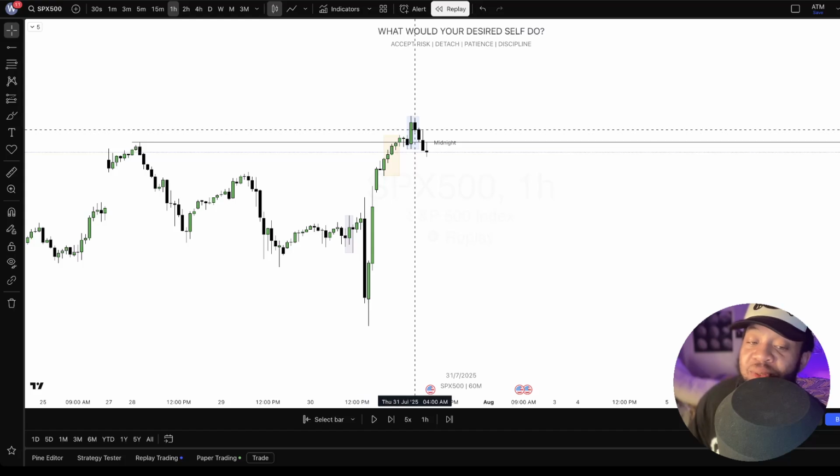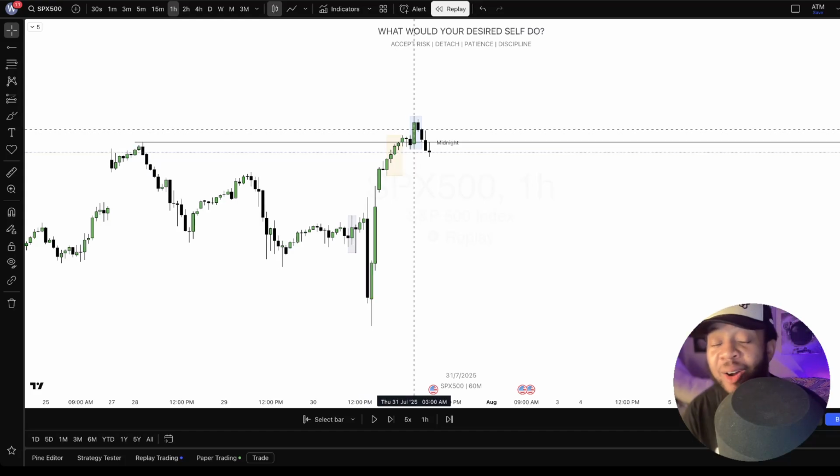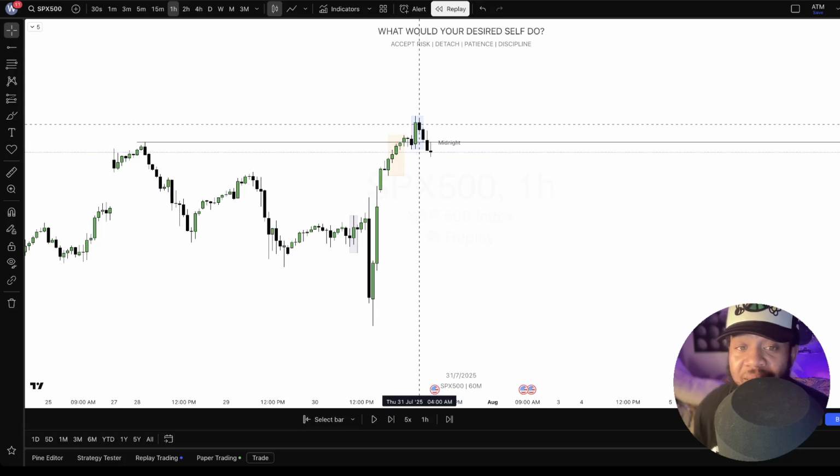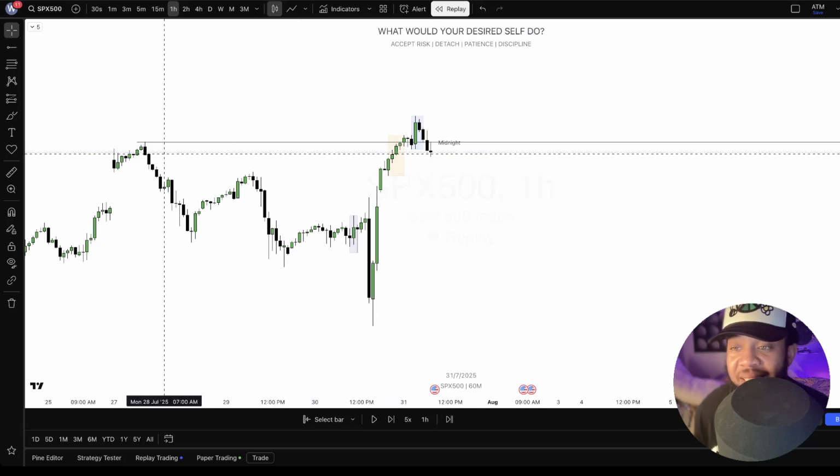Plus, it's July 31st, and we coming into August. August is famously known for being a bearish month. So we got seasonality sentiment. We're in the premium of yesterday's range. We reacted with a change in the state of delivery on the hourly above midnight and above Monday's high.